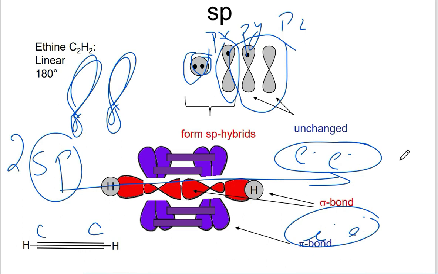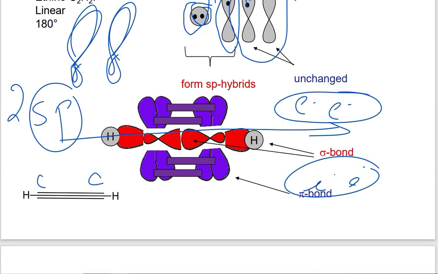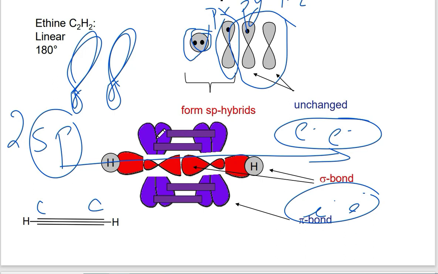So if we rotate the molecule, this bond will break. If we didn't have this pi bond, if we only had the sigma bond, and we rotate the molecule around this axis, nothing will happen.